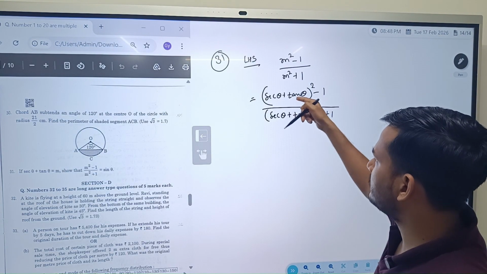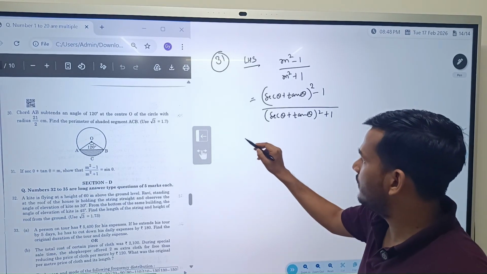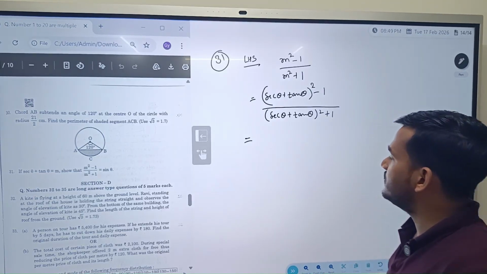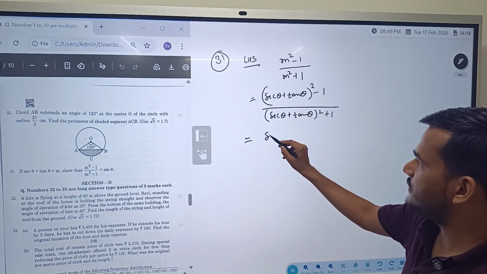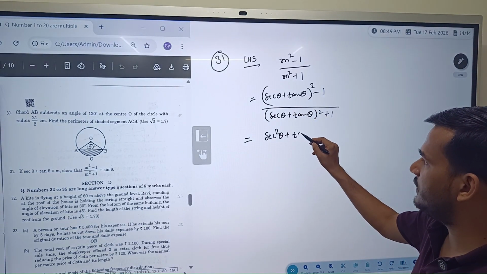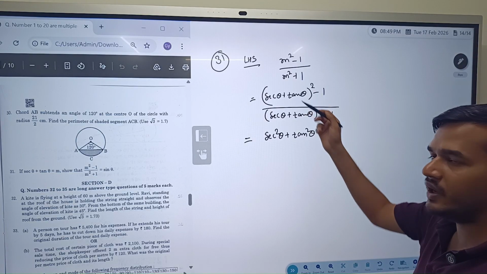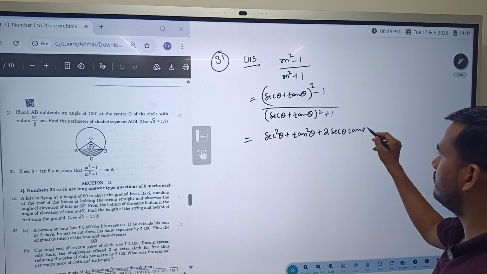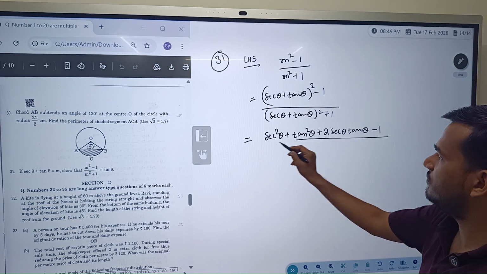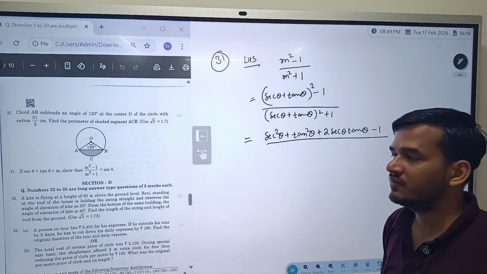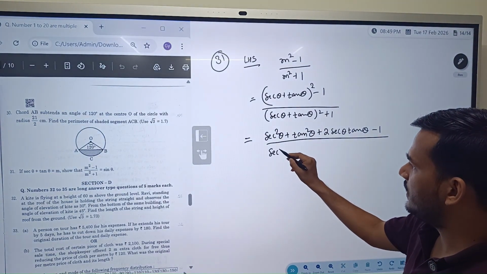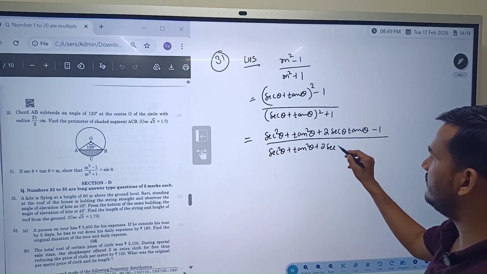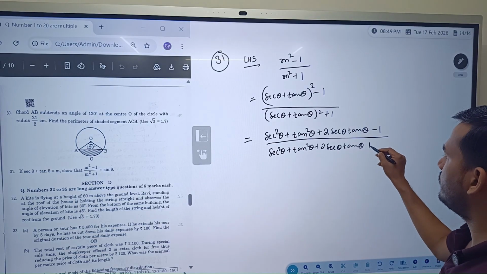Now substitute. So this is a plus b whole square formula. Sec square theta plus tan square theta plus 2ab term, 2 sec theta tan theta, minus 1, upon, open it, a plus b whole square again, same thing: sec square theta plus tan square theta plus 2 sec theta tan theta plus 1.